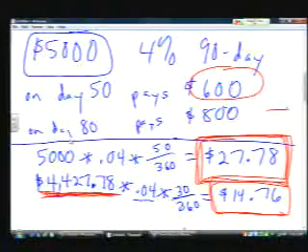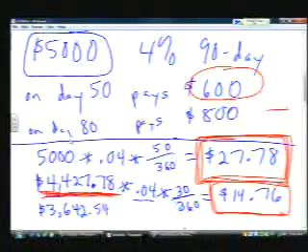You only get $785.24 subtracted. So your new principal, and this will be for the last 10 days, then, is $3,642.54. So that's for the last 10 days.